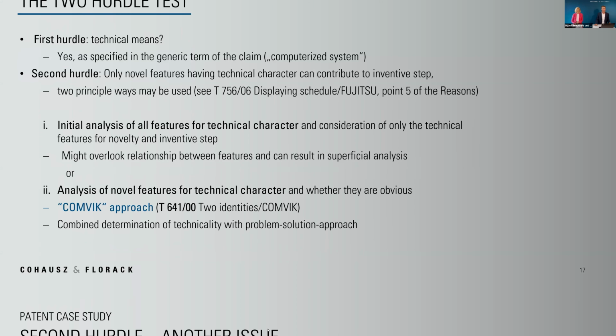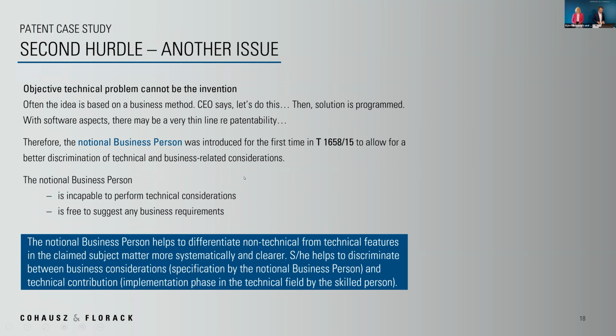Okay, and then I would come to a quite interesting aspect, because this happens quite a lot: you have a feature which is not known from the prior art, and which has some kind of technical effect. But then it happens that the technical effect achieved matches quite exactly what is claimed by the feature.